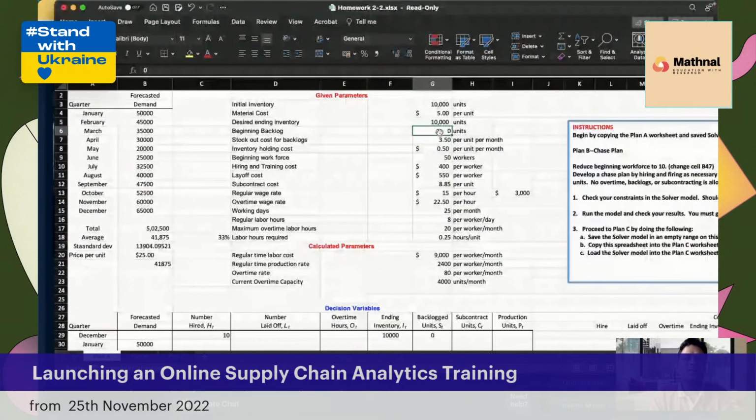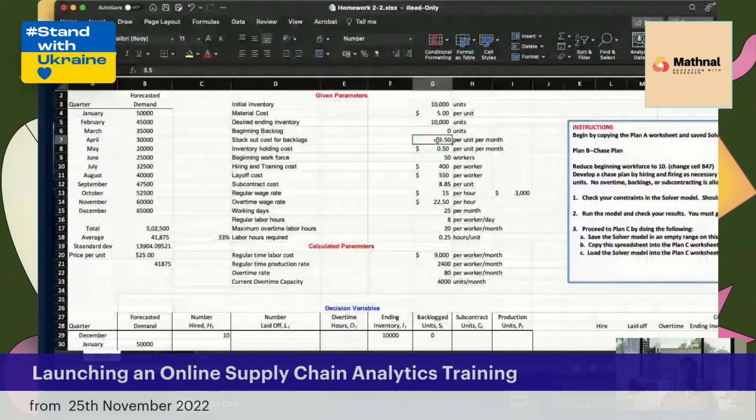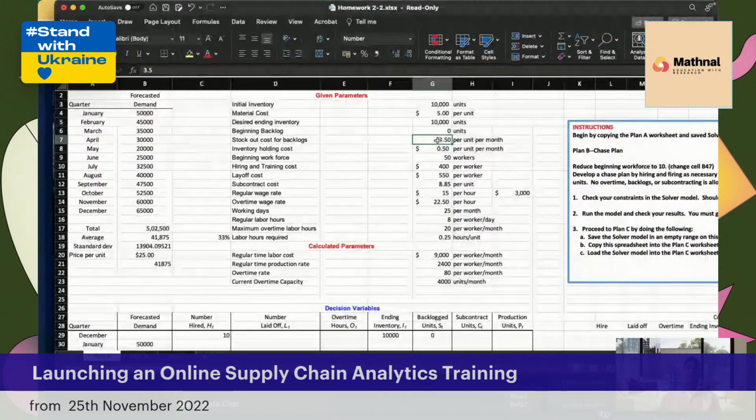Then there is the stock out cost. If any stock out is happening, backlog means we have a pending order, but we do not have the inventory in our warehouse. It means we have a stock out, and every stock out will have a cost, because customers are going to charge us a penalty, right? That penalty is about $3.5 per unit per month.